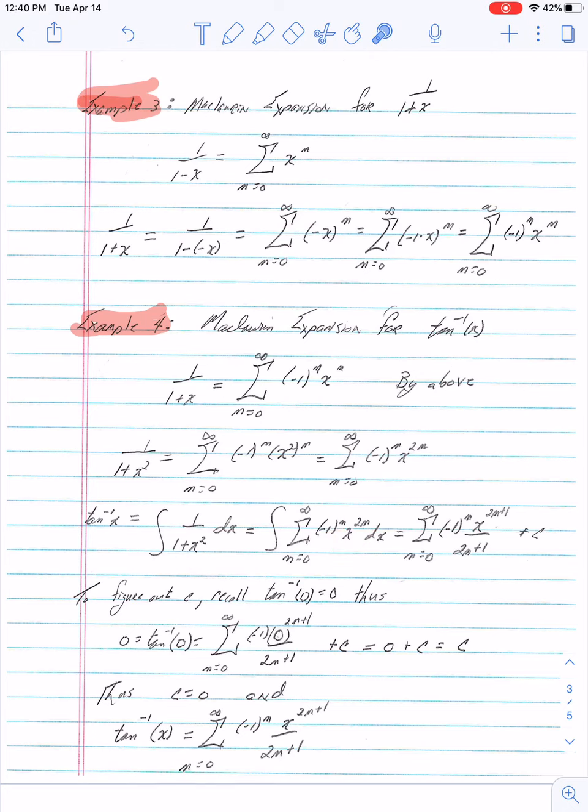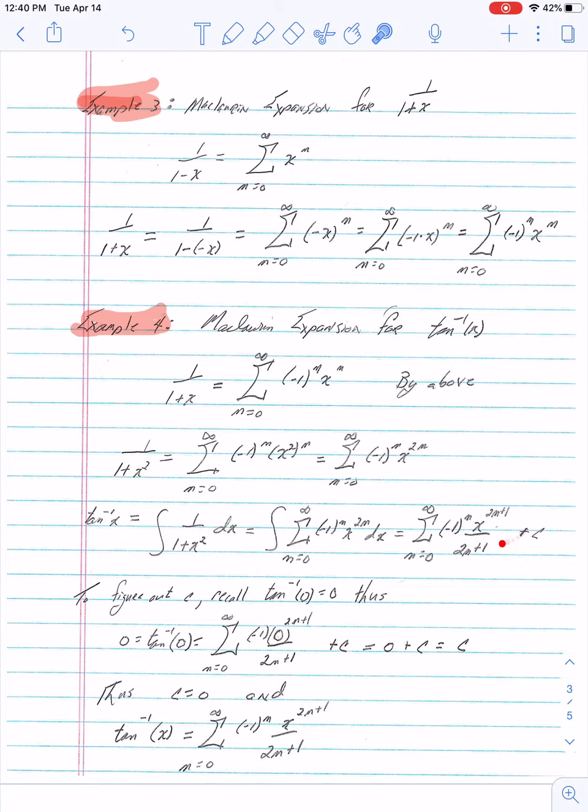What was my rule? X to the 2n plus 1 divided by 2n plus 1, yes? All right, there's my new series. But recall that anytime I do an indefinite integral, I have to add an arbitrary constant c. So I did that. So now the arctangent is this.